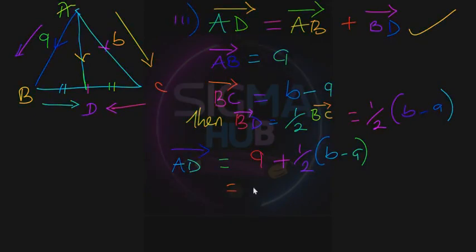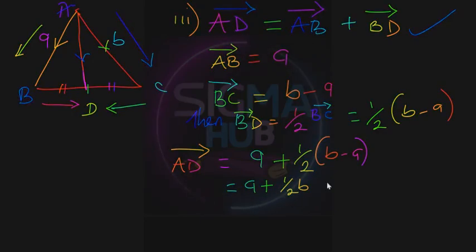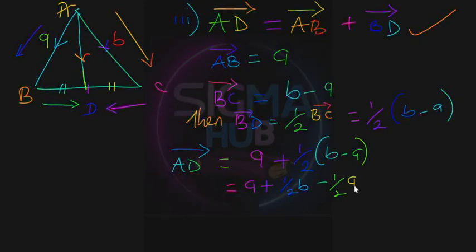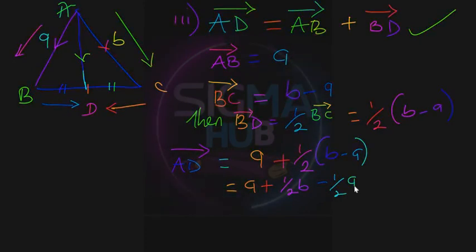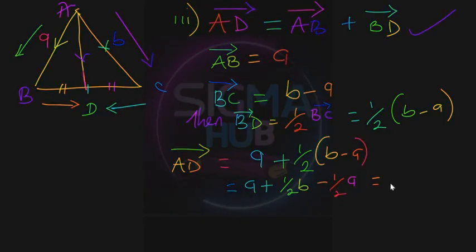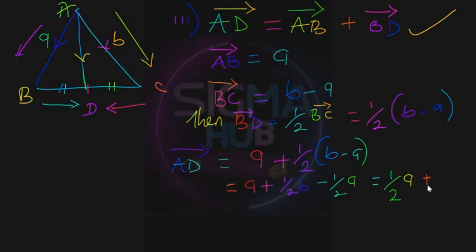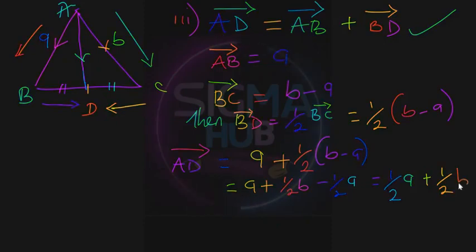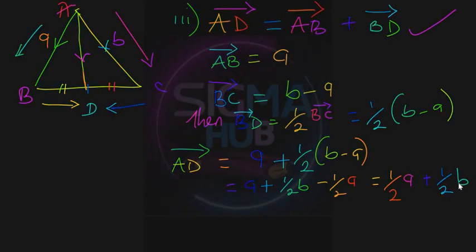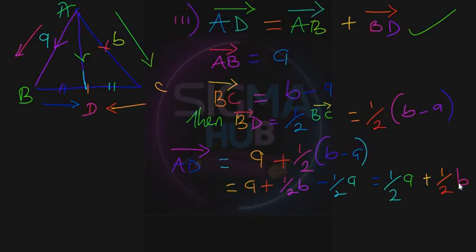It's going to be A plus half B, then minus half A. So A minus half A is definitely going to give me half A. So we'll be having half A, then plus half B, because A minus half A is half A, then plus half B. So 1 over 2 is common.